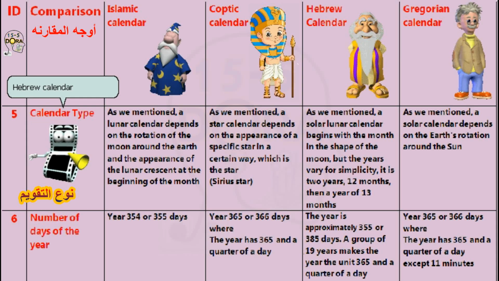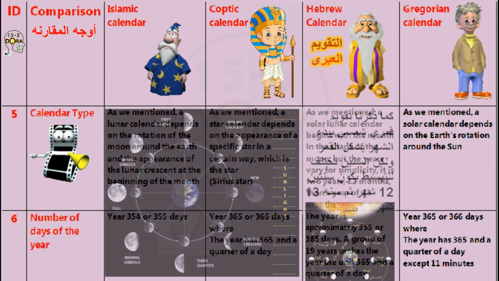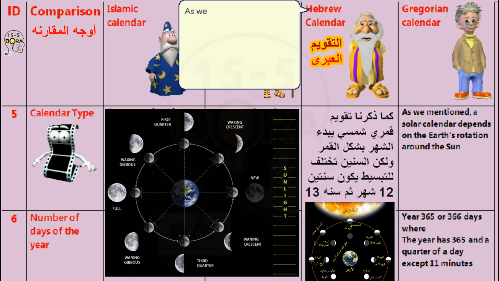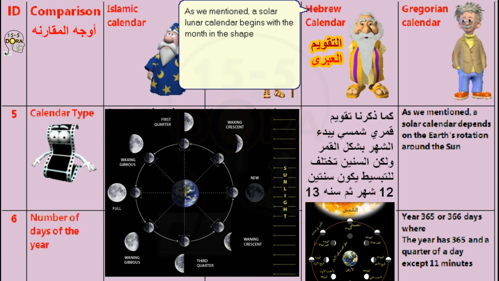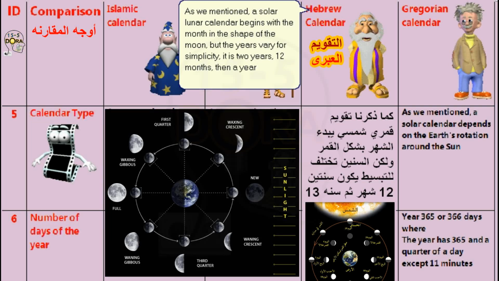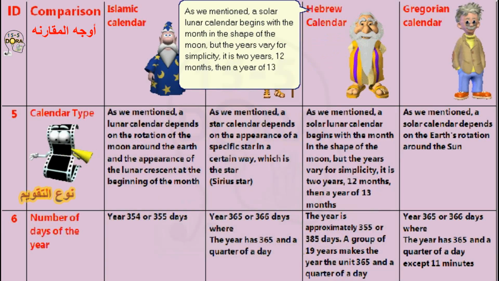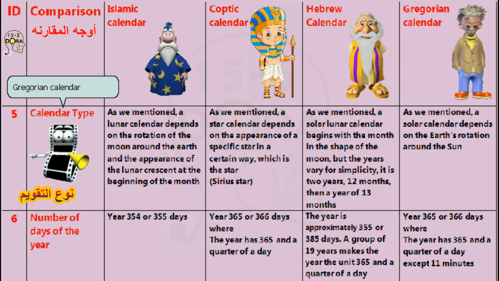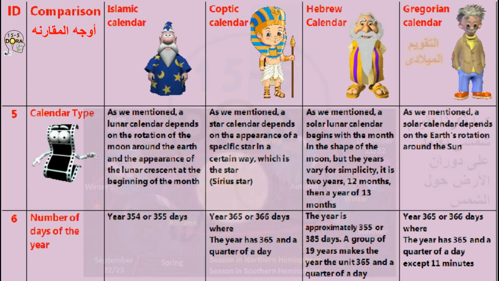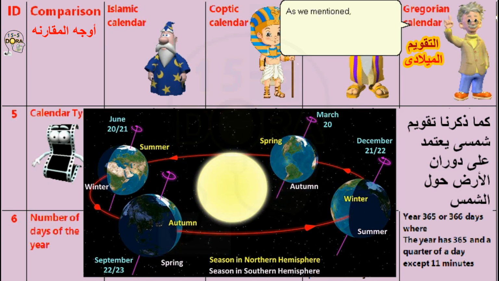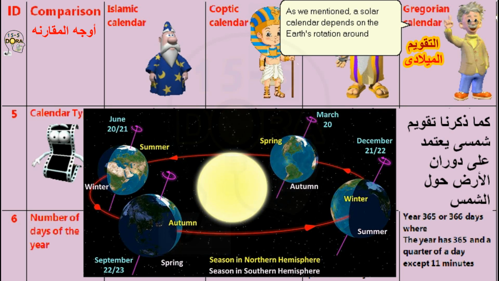Hebrew calendar: as we mentioned, a solar lunar calendar begins with a month in the shape of the moon, but the years vary for simplicity: two years of 12 months, then a year of 13 months. Gregorian calendar: as we mentioned, a solar calendar depends on the Earth's rotation around the Sun.